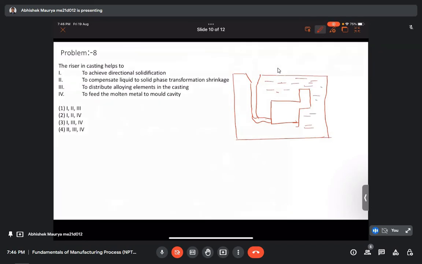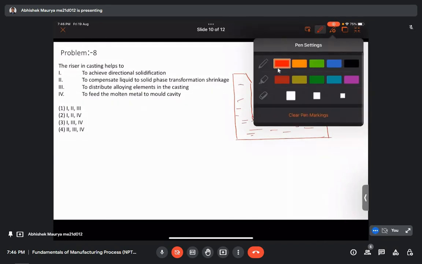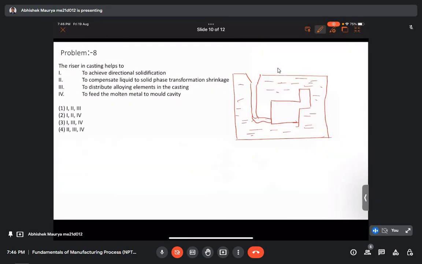This is the schematic of the casting. From here we pour the molten metal. This is the pouring basin. This is the sprue. This is the gate.